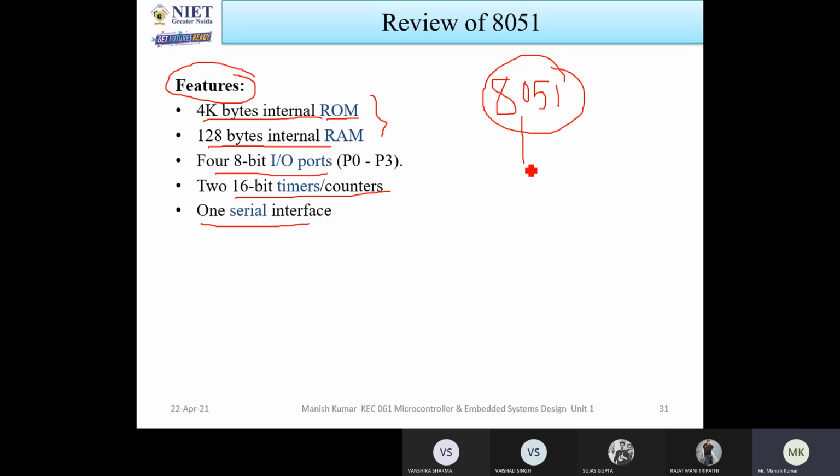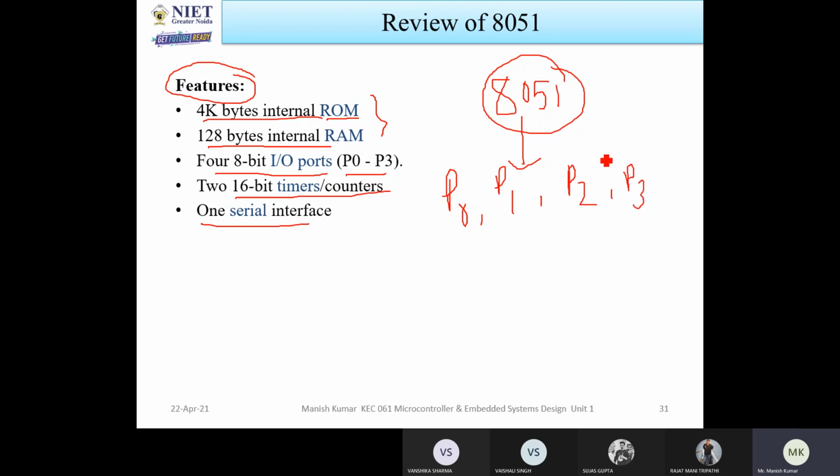This 8051 has four different ports where you can connect any internal or external device. The ports are named P0 to P3, meaning P0, P1, P2, P3.